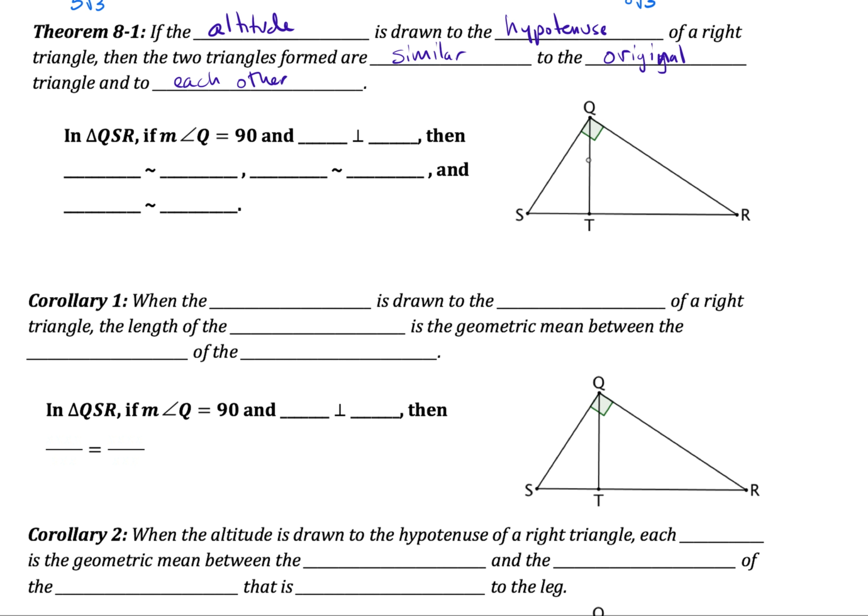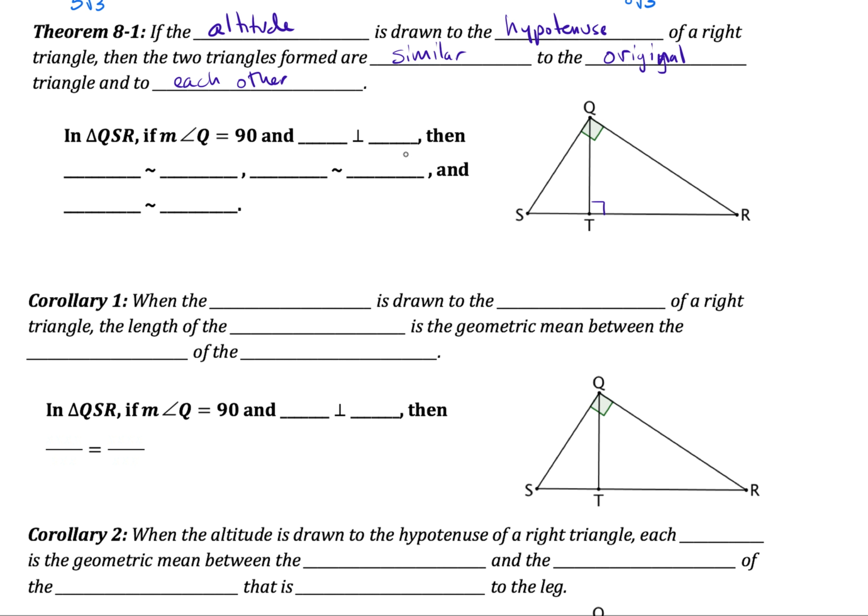And so if I have this diagram over here where I have triangle QSR and angle Q has a measure of 90, if I draw the altitude that goes down to the hypotenuse, which would go from Q down to the hypotenuse and form a right angle. That's what an altitude does. Remember, it goes from a vertex to the opposite side and forms a right angle.